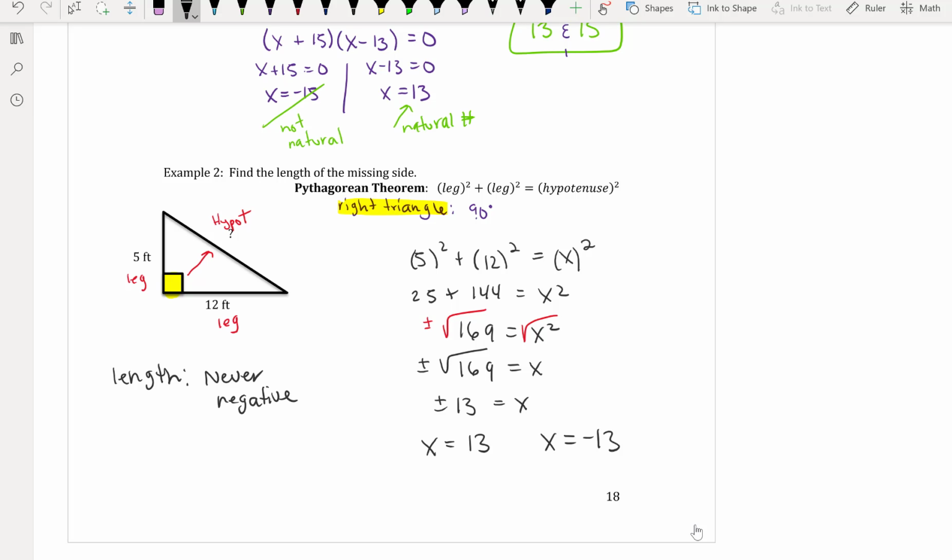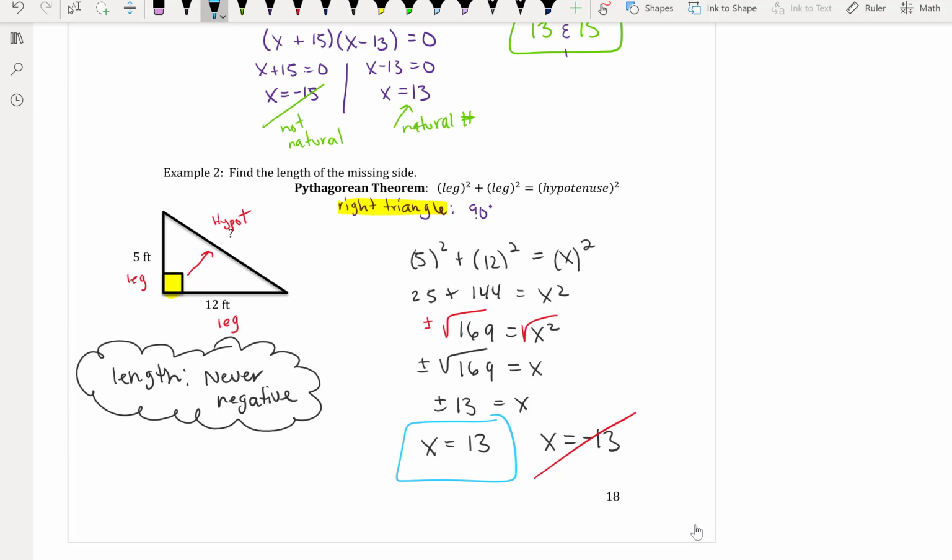That's something you always want to keep in mind. Length is never negative. So the fact that I have a negative number, that's not going to work. So the only possible answer here is x is equal to 13. So the hypotenuse is actually 13 feet. So my missing side is 13 feet. Okay.